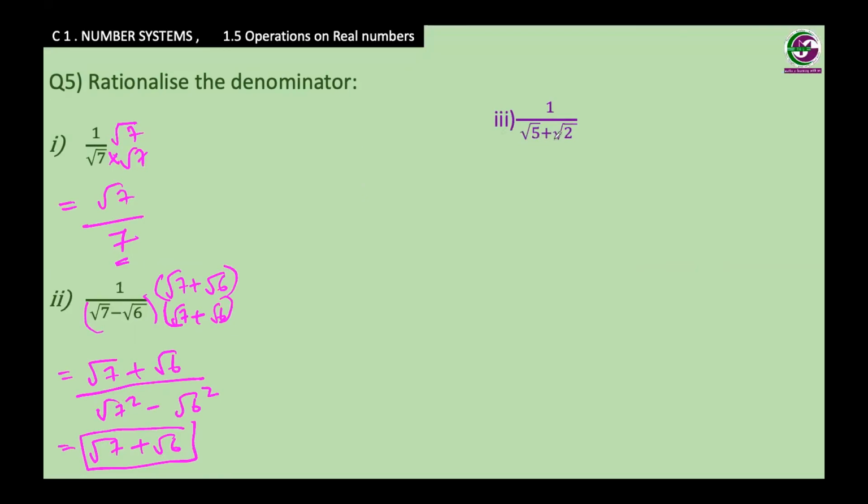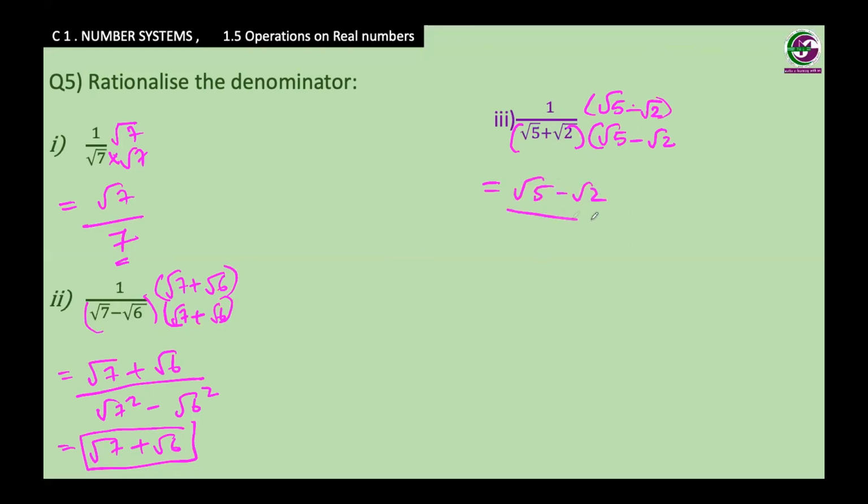Again, you have two terms. So you have to open a bracket and write the conjugate. Conjugate means the opposite. Square root of 5 minus square root of 2 in the numerator and denominator. Now, in the numerator, you have 1 multiplied by square root 5 minus square root 2, which is root 5 minus root 2.